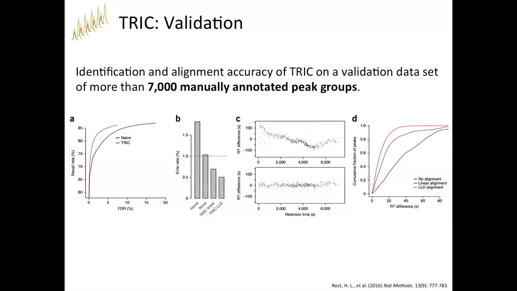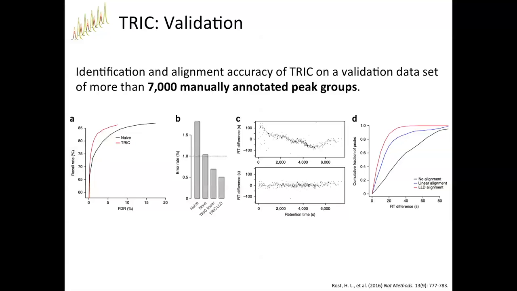And what you can also see is that here you have the retention time on the x-axis and the retention time difference to the manual annotation on the y-axis. And this is before TRIC normalization, and this is after the TRIC normalization. So this is really improving your signal detection.